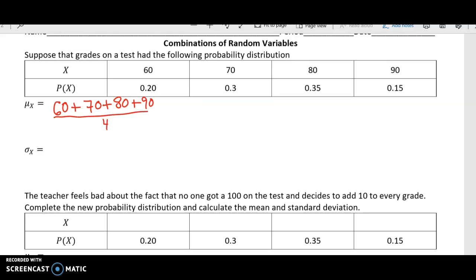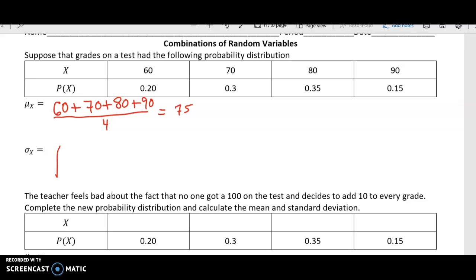And divide by the number of them that we have. To find the standard deviation, we're going to take the square root of the sum of the square of the differences. Let's do the square root last.